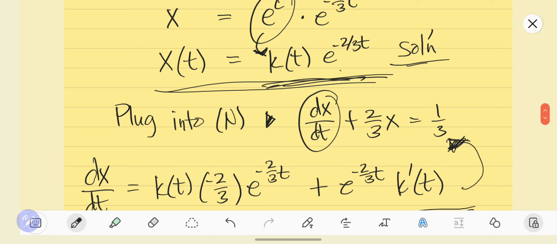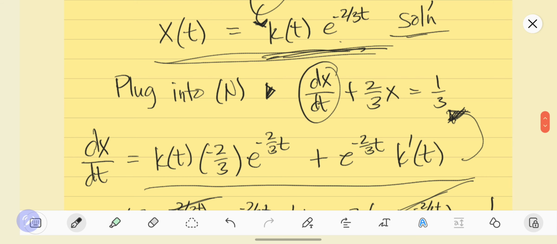After that, you plug the solution into the non-homogeneous equation, which is dx over dt plus 2/3 x is equal to 1/3. But before that, we solve for dx over dt, which is the derivative of the homogeneous solution.